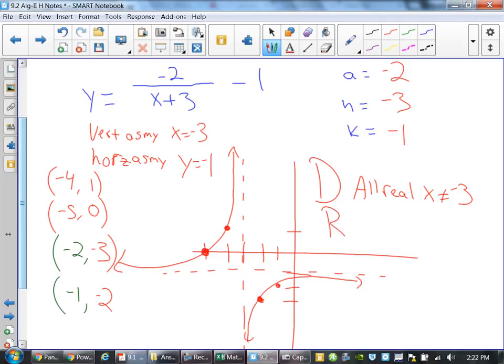My range, where's my horizontal asymptote? At -1. The range is all real, y not equal to -1. So it's just your asymptotes. Your asymptotes are your domain and range restrictions.